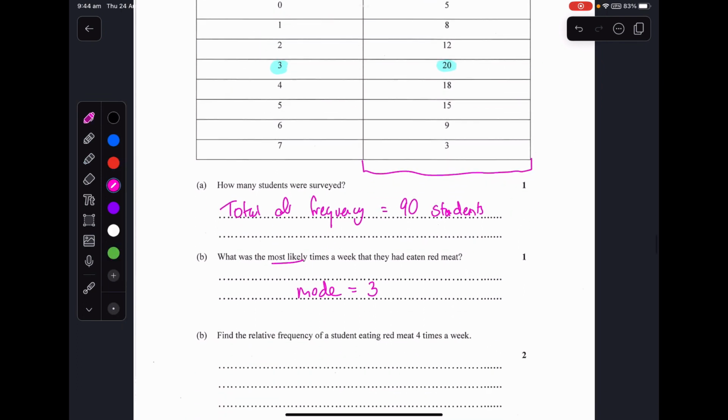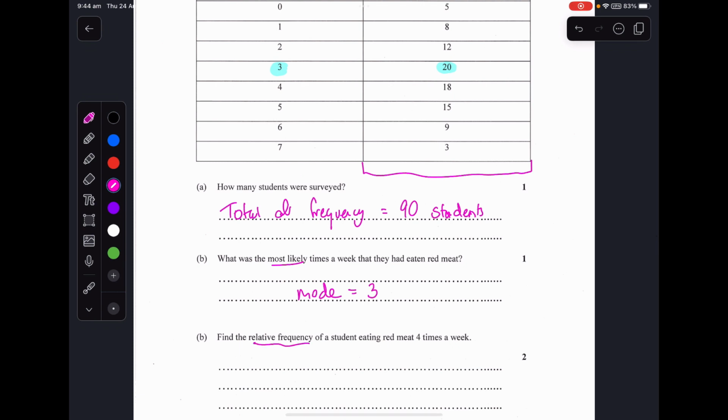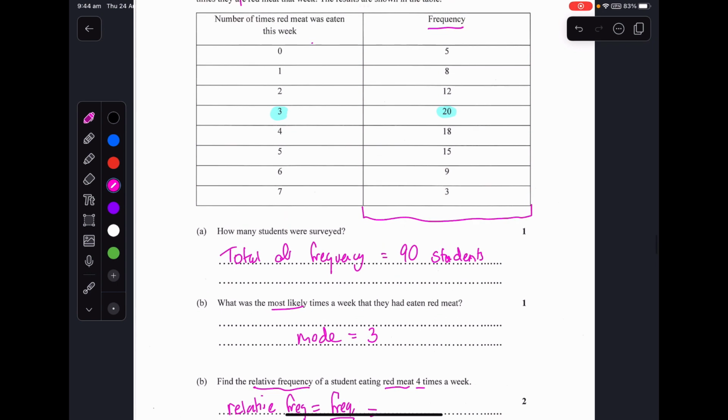Now the last question says find the relative frequency. First off, we need to remember what that is. So relative frequency, remember, is the frequency over the total number of students. For this one, it says find the relative frequency of a student eating red meat 4 times a week. So if we go up here and we look at 4, how many are there?